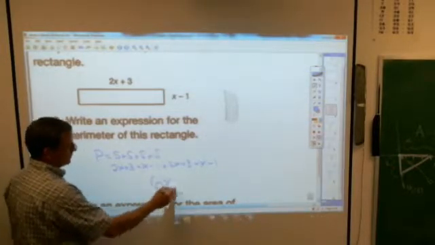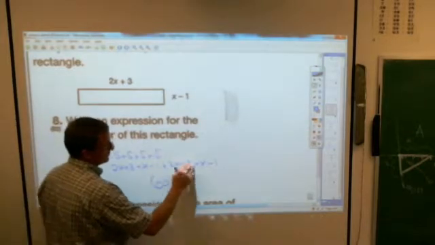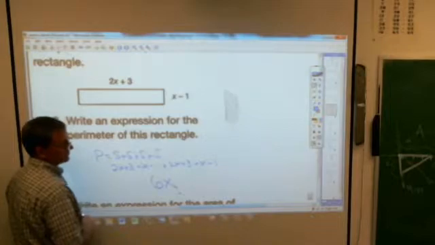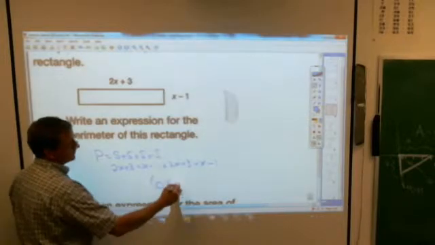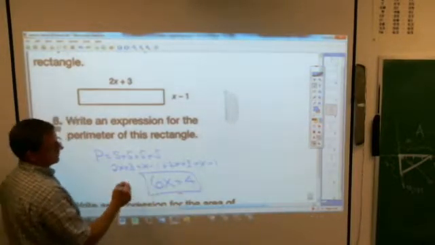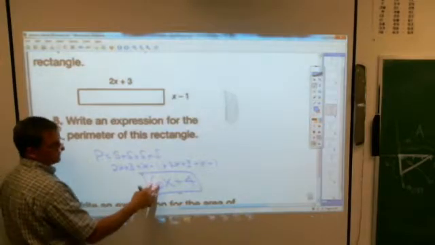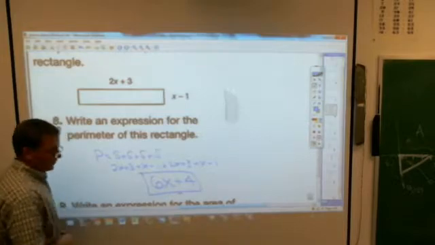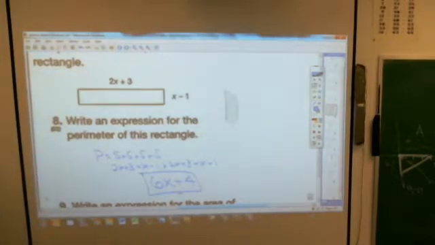And then putting your numbers together, 3 minus 1 plus 3 minus 1 is 4. There's your answer. That's why it asks you for an expression, because it's not like a real number. It's not like 15 or 20, it's 6x plus 4. Whatever x is, multiplied by 6 and add 4 to it.